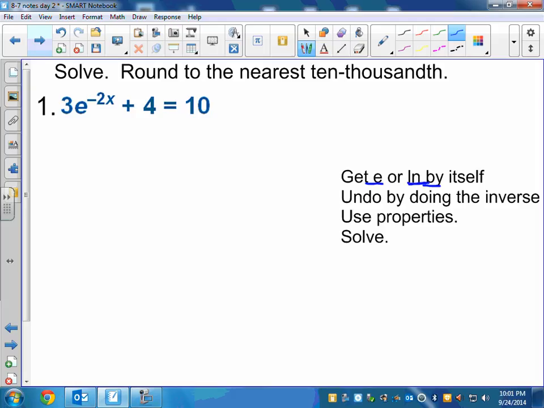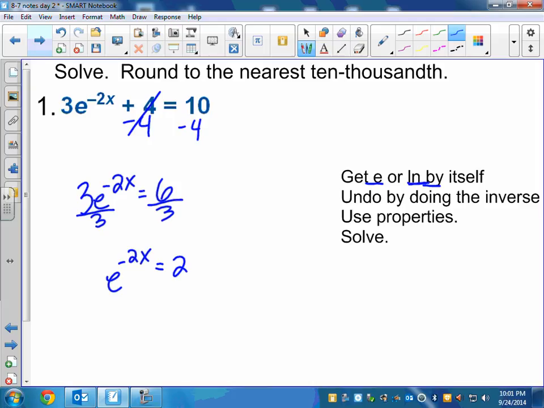But like this one, you want to get x by itself. So step 1, let's just undo what's around it. To undo adding 4, I'm going to subtract 4. To undo multiplying by 3, I'm going to divide by 3. That's not really anything new.